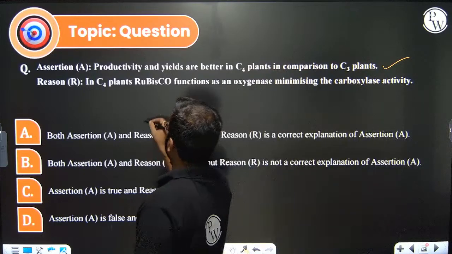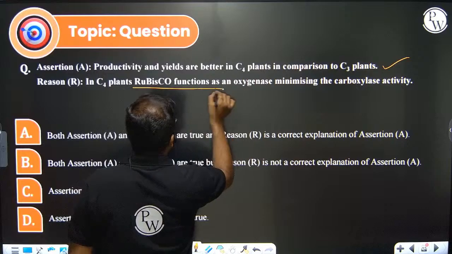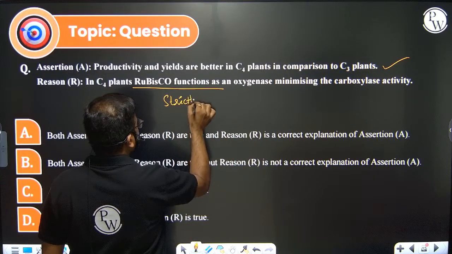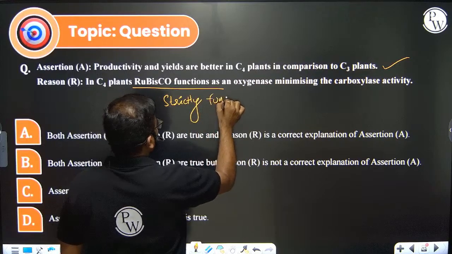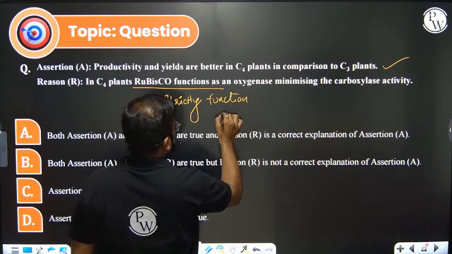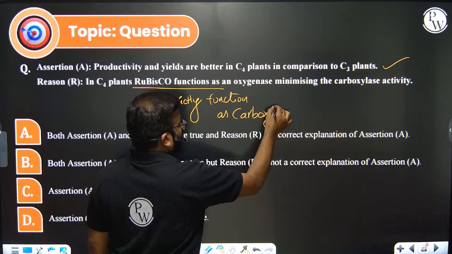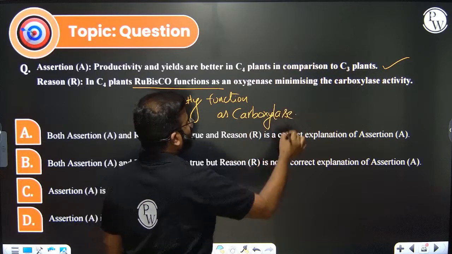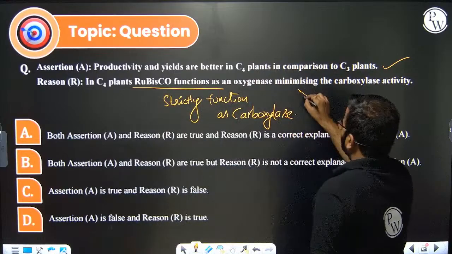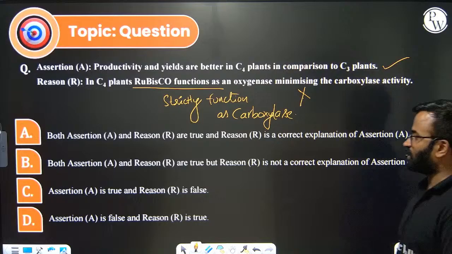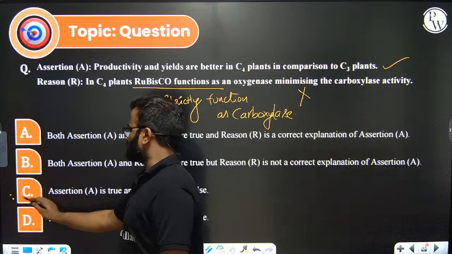In C4 plants, Rubisco strictly functions as carboxylase rather than an oxygenase. So this is wrong as a statement. So which will be our answer then? C would be our answer.